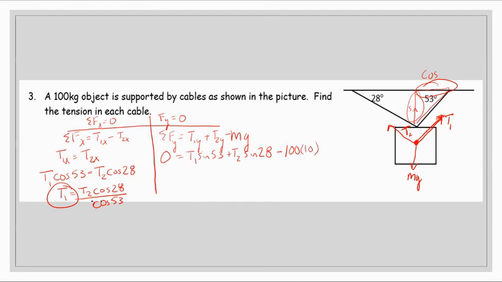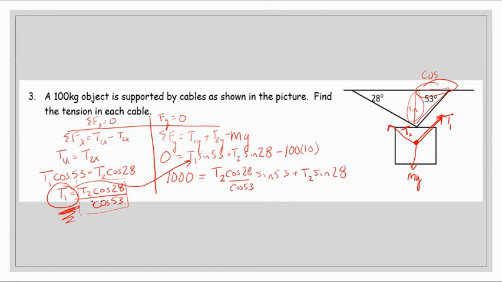And so then I end up getting that 1,000 is equal to T2 cosine 28 over cosine 53, where I substituted this from the problem on my left for my T1, times sine 53, plus T2 sine 28.